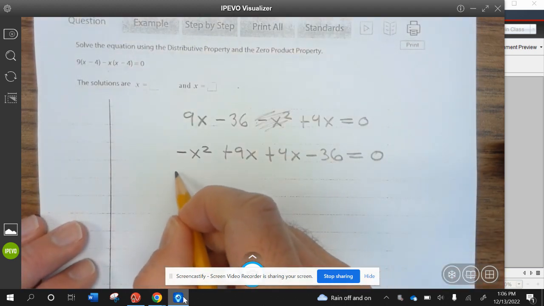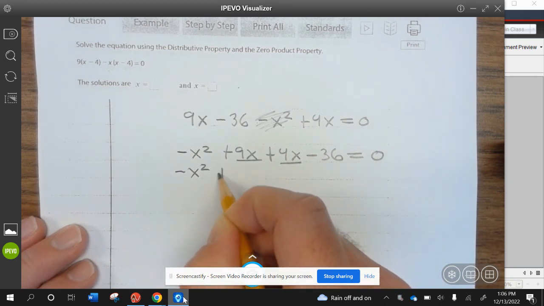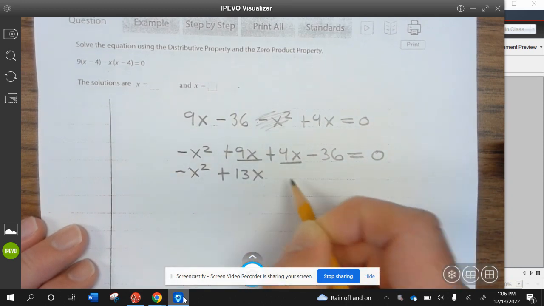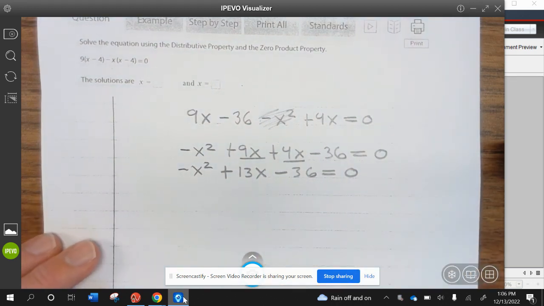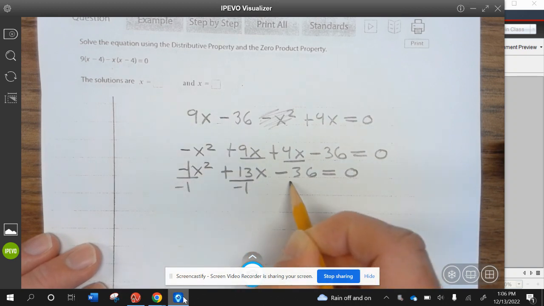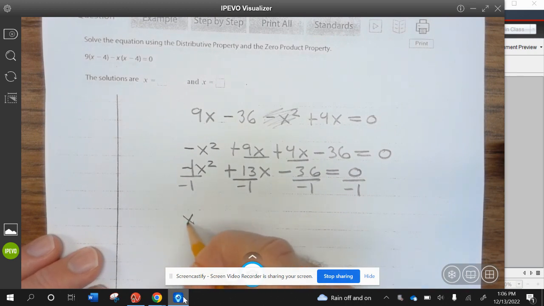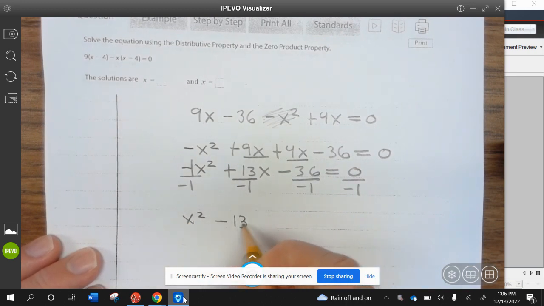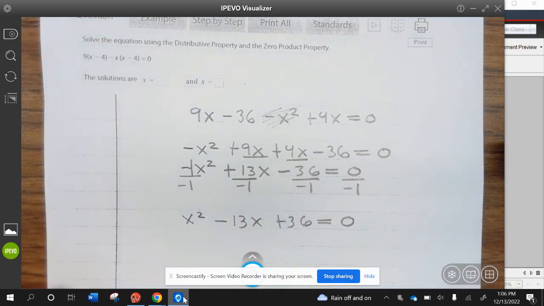So here I have negative x squared. I'm going to combine the x's, so that's 9 and 4 is plus 13x minus 36 equal to 0. Now, to make this problem easier, I'm going to divide everything by negative 1 because I want the first term to be positive. So that becomes x squared minus 13x plus 36 equal to 0.